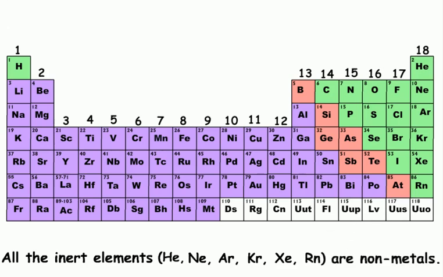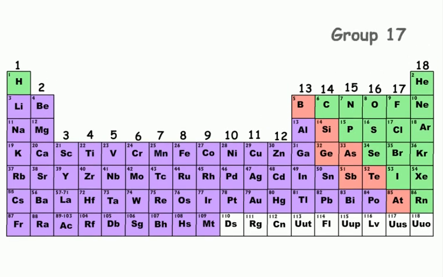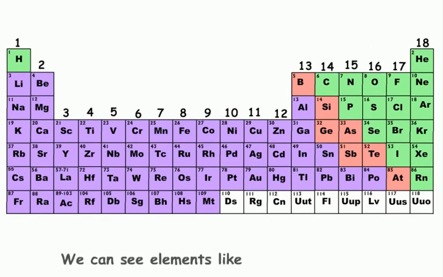Now let us look at the elements in group 17. We can see elements like fluorine, chlorine, bromine, iodine, and astatine.